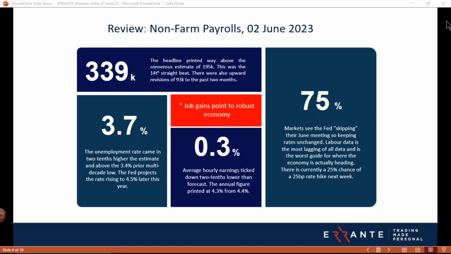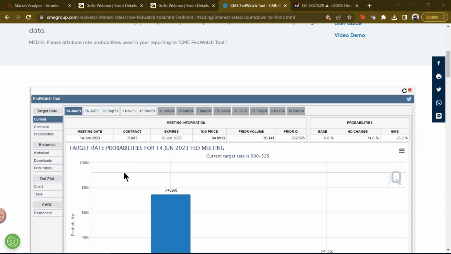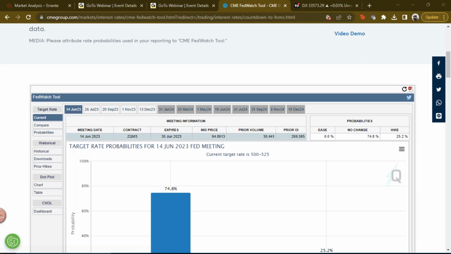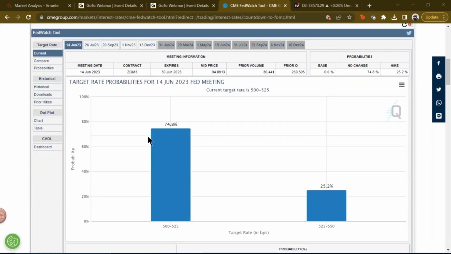And if we look at the CME FedWatch tool, that gives us basically Fed funds futures, an idea from those markets as to what is priced for every Fed FOMC meeting. You can see here, 14th of June, we have the pricing. After the non-farm payroll report, we were coming off the back of more dovish repositioning after some of the Fed comments.